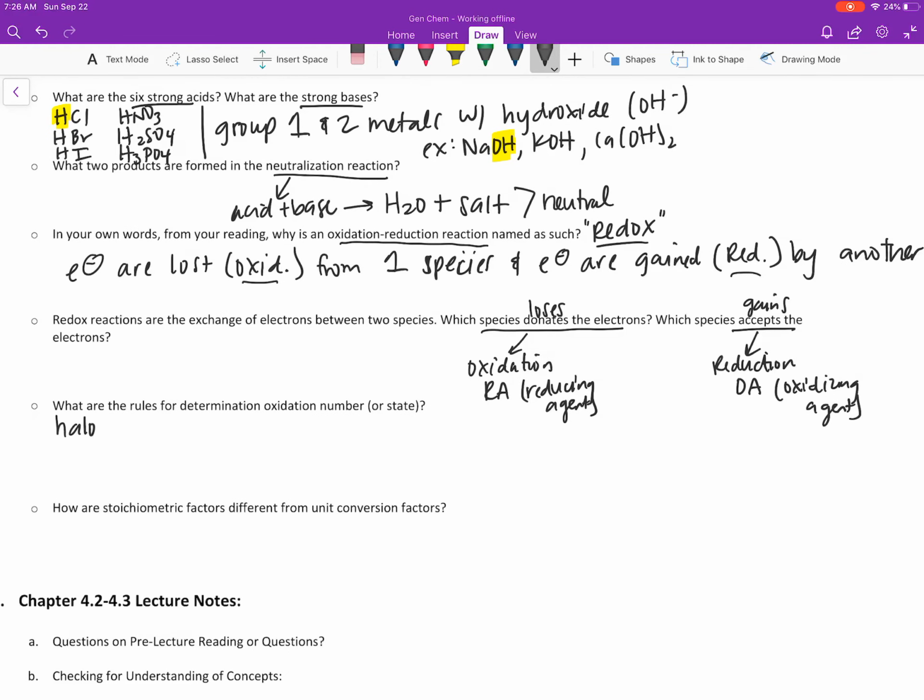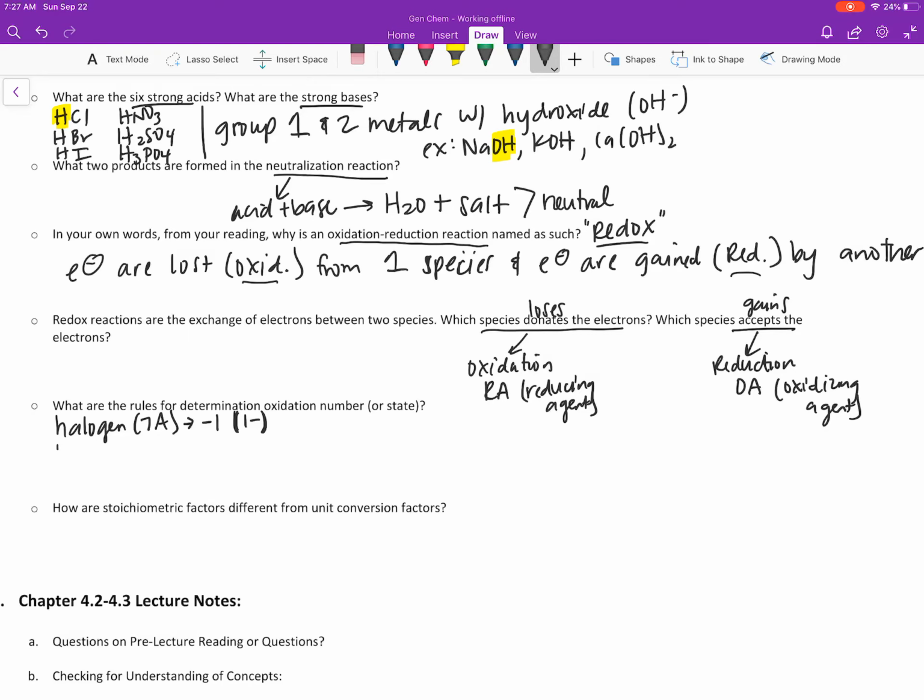is halogens. Okay, so this is our group 7A. They tend to have a -1 charge, which we technically write as 1 minus.